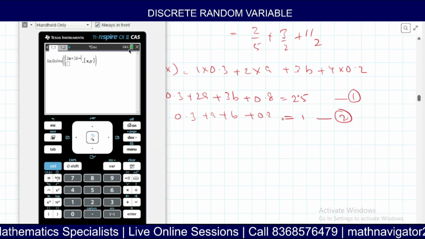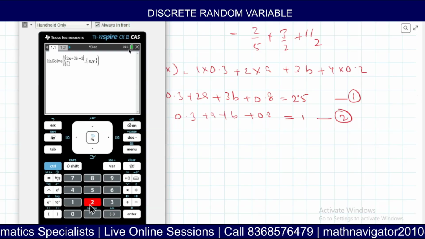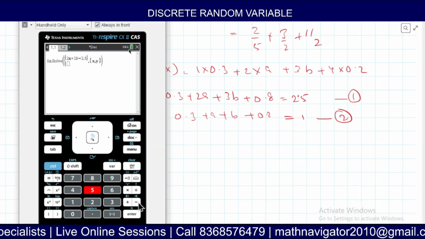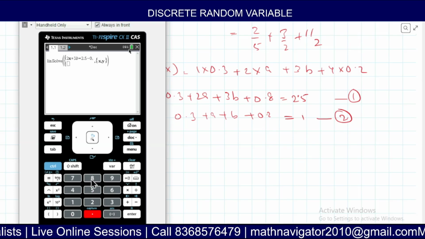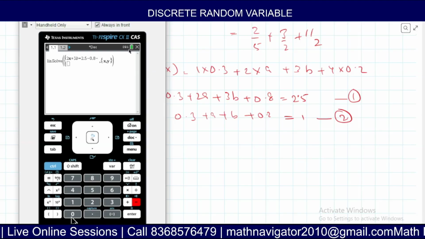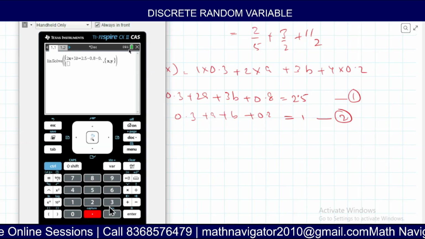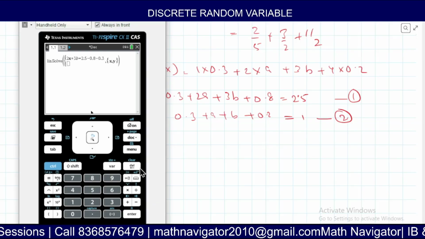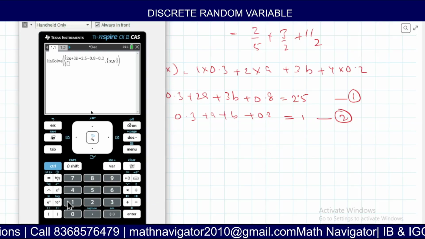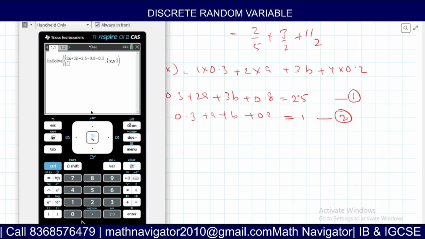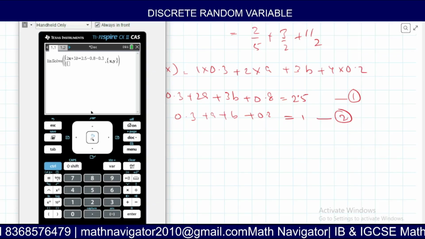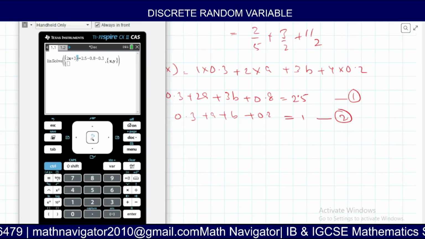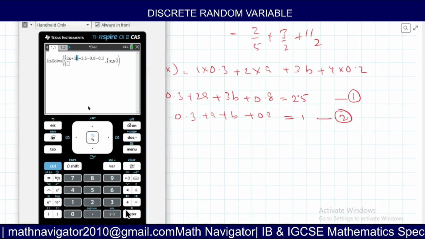Right, 2.5 is equal to 2.5 minus 0.8 minus 0.3. So this is the entry of the first. Let me enter the second one. So X here I have to put 3y.